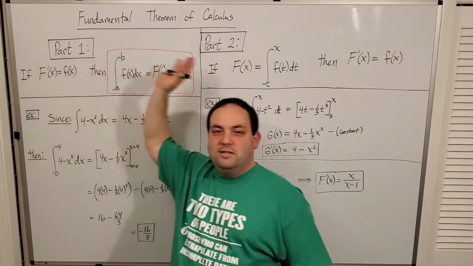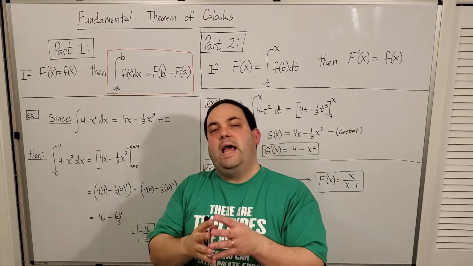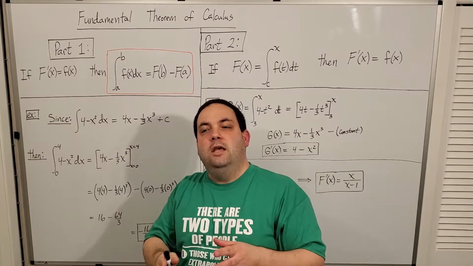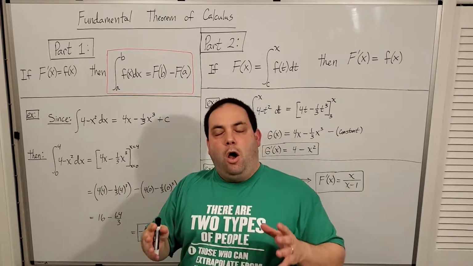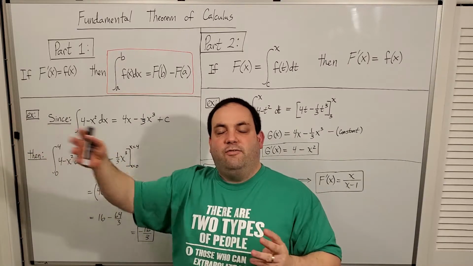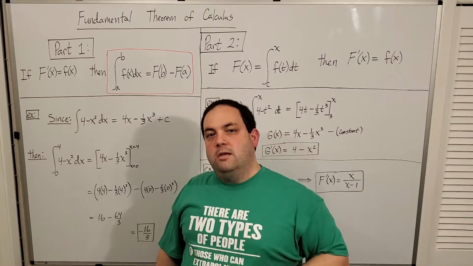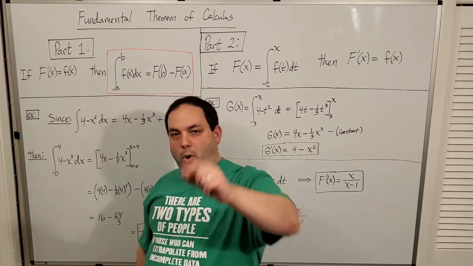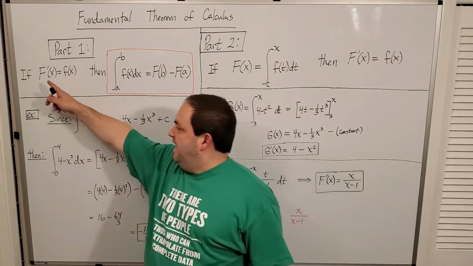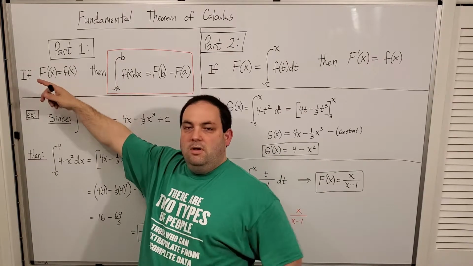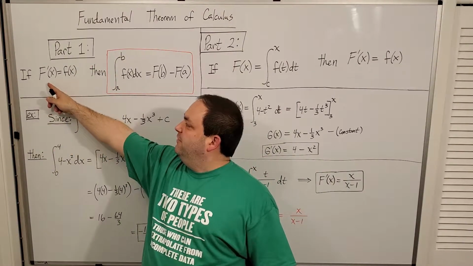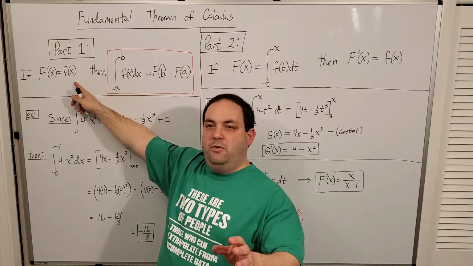It has two parts, and it shows exactly the connection that we needed in order to bring together all of the ideas that we had from derivatives into all of the new ideas that we need for integrals. Part 1, if some capital F function's derivative is a little f function, right?